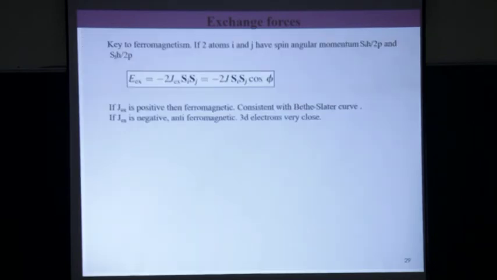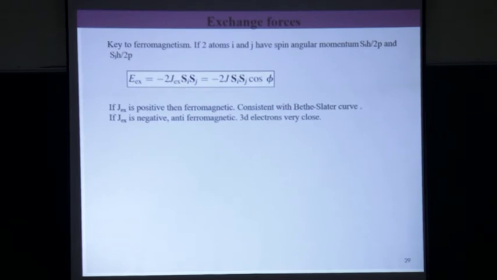So essentially the exchange forces are some J exchange multiplied by the spins on the two atoms. So if there are atoms i and j and they have spin angular momentum Si and Sj, then we can calculate the exchange interaction.